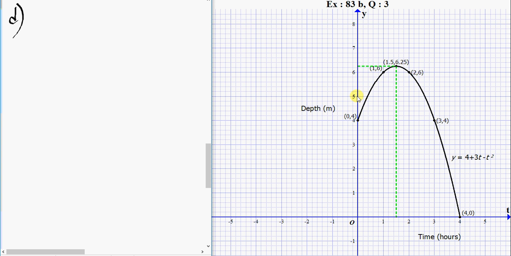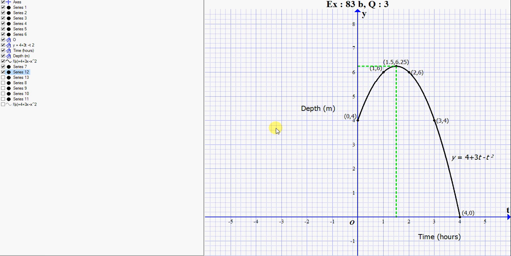Then this region within this part will be safe for the ferry to enter, and from this we can find the range of time. So this line is intersecting at 2 points, this point and this point.